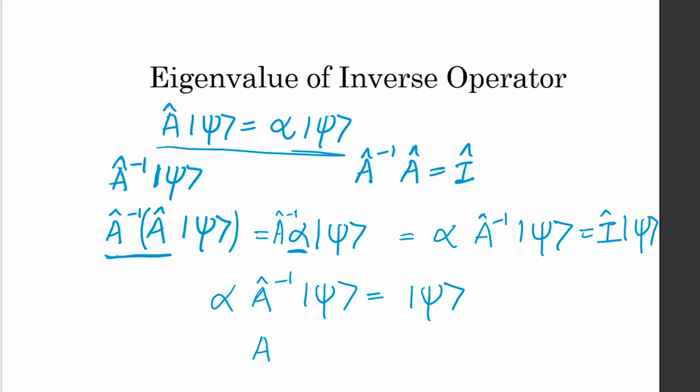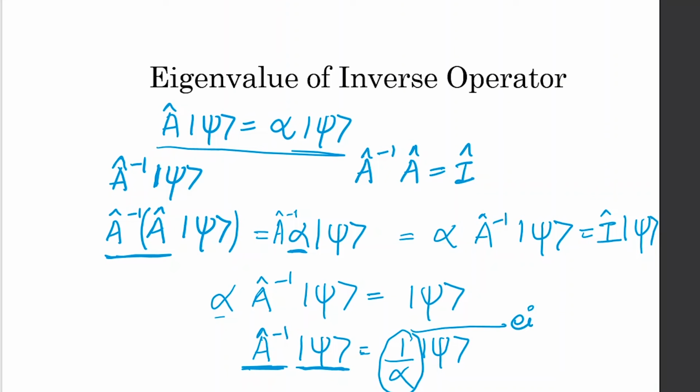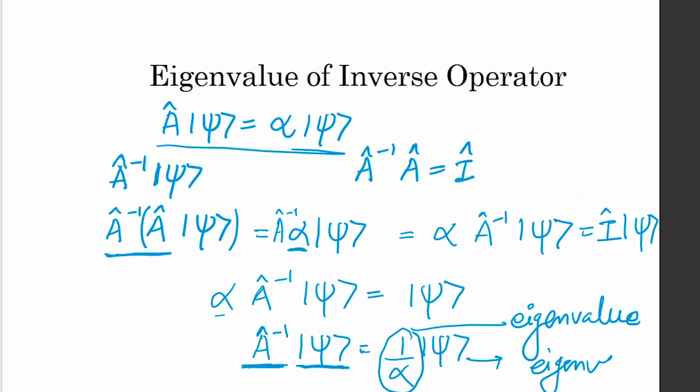We can take this alpha to the other side. So if we operate A inverse on the state vector, then 1 by alpha becomes its eigenvalue, and this is the eigenvector. Basically, if we use the inverse operator, then its eigenvalue gets inverted.